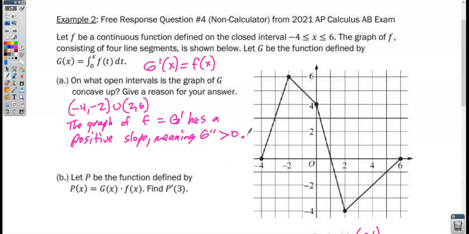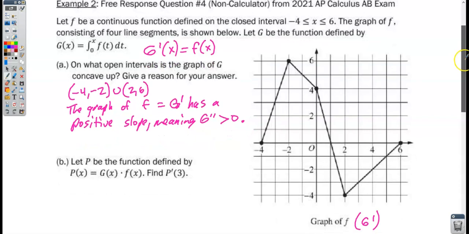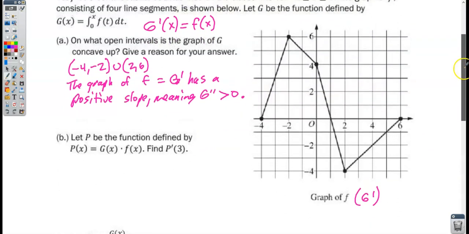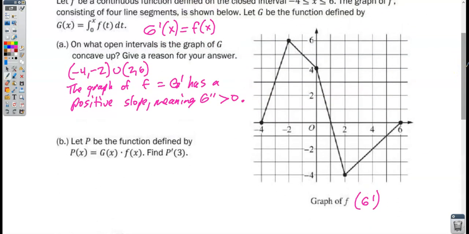All right, part B. Let capital P be the function defined by capital P of x equals capital G of x times f of x. Find P prime of 3. So the first thing we're going to do is find this derivative in general. P prime of x is equal to, and we need to use the product rule here, G times f prime of x plus f times G prime of x.